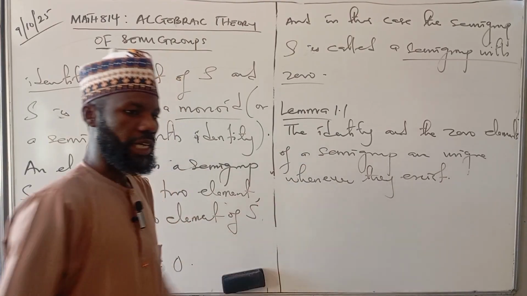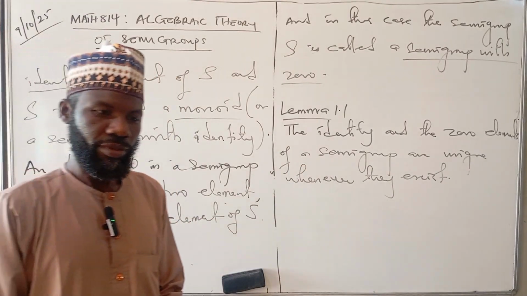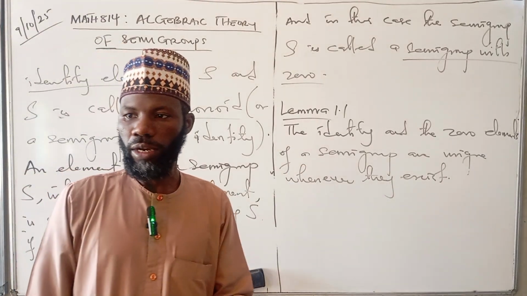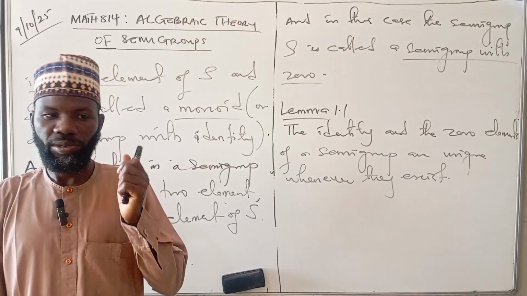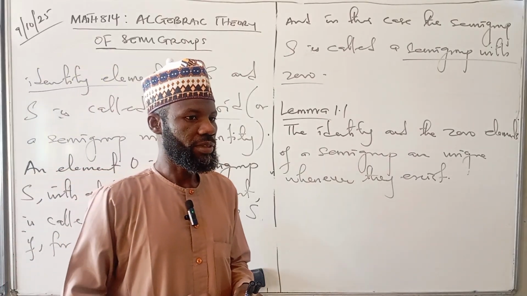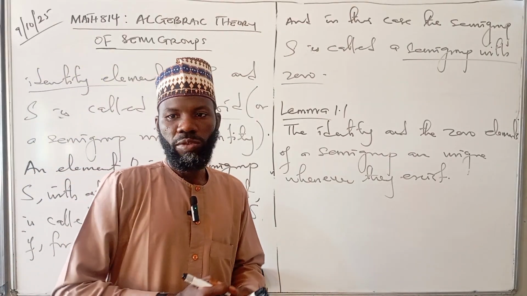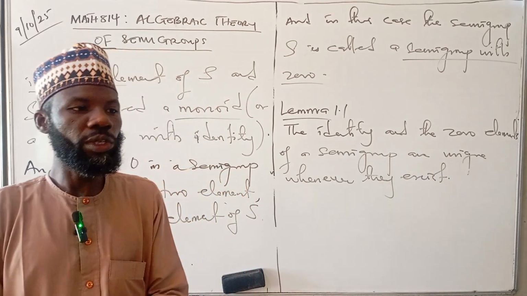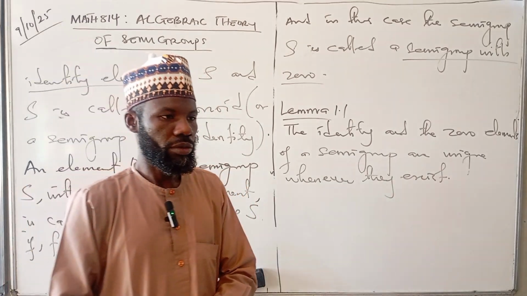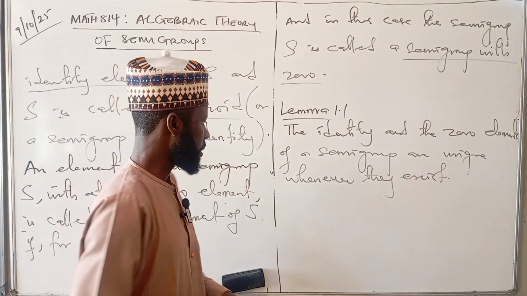If there is an identity element in a semigroup, it must be unique. If you have a 0 element in a semigroup, that 0 element must be unique. Meaning, a semigroup cannot contain two different identities or two different zero elements.